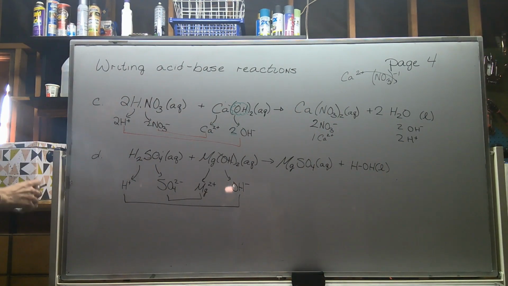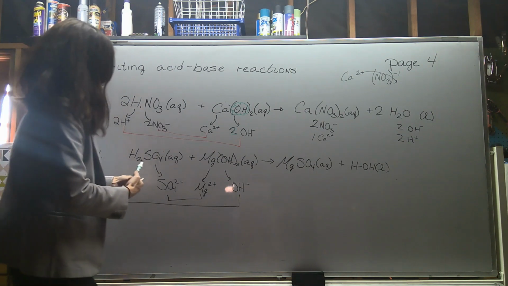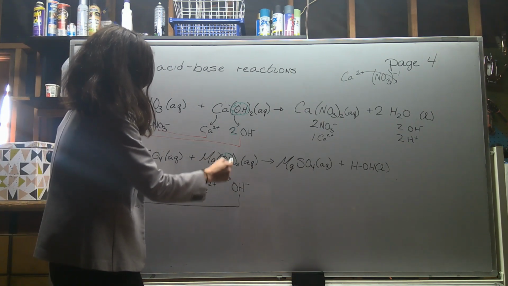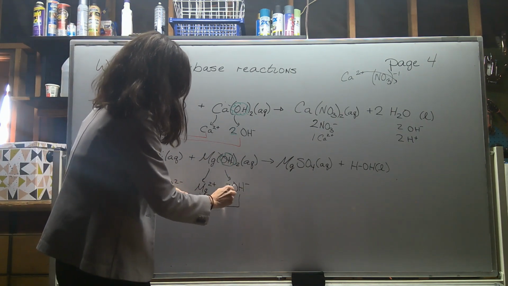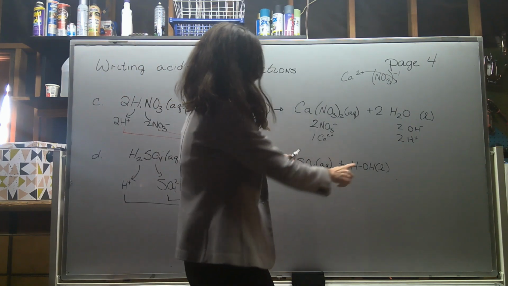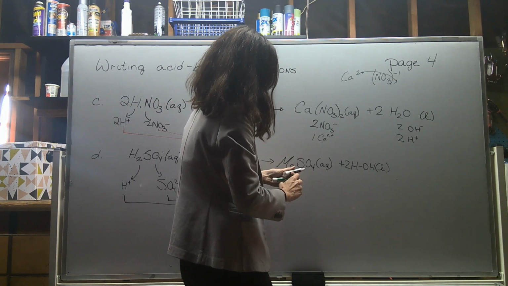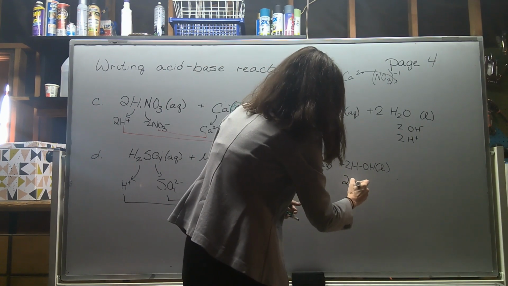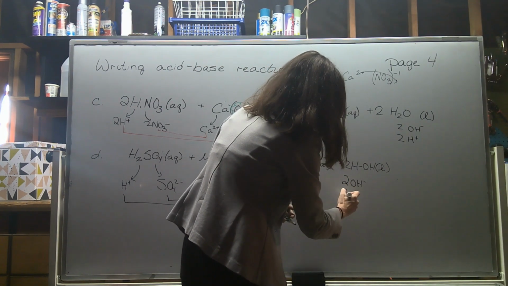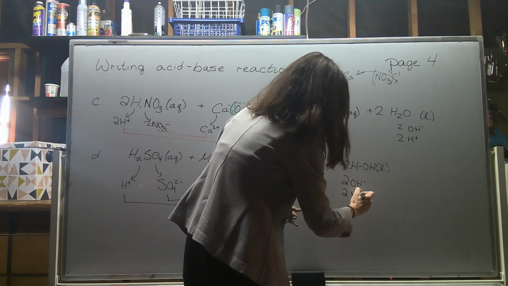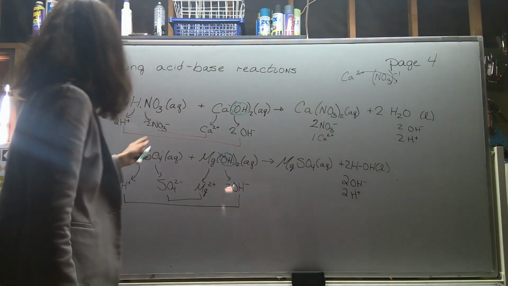I'm going to balance it real quick. So hydroxide right here, there's 2 of them. Over here though, I just have one currently. If I put the 2 out front, that gives me 2 OHs and 2 H pluses. Come back over here.